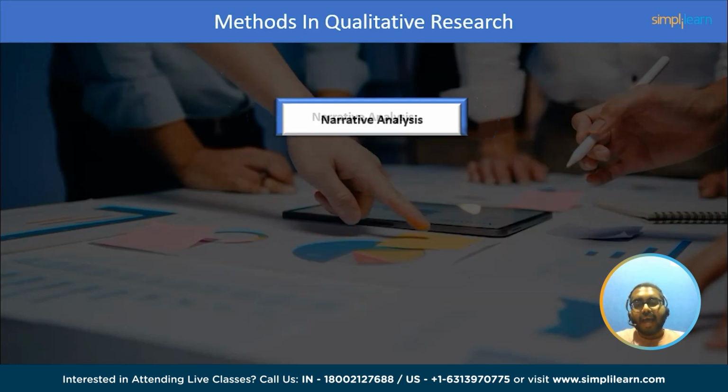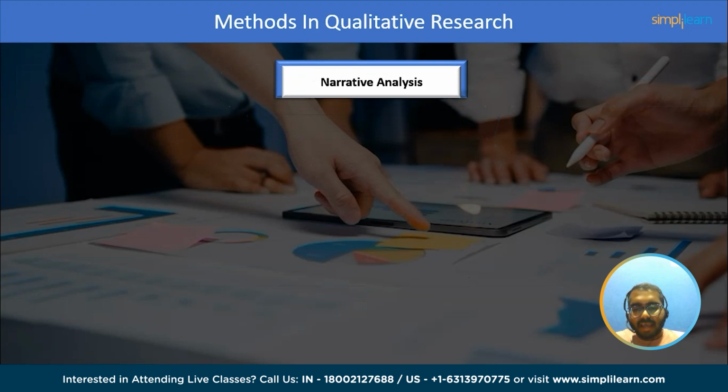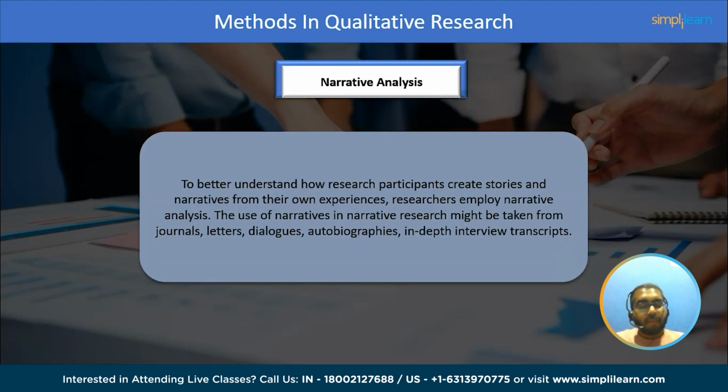So, let us now move ahead and discuss what narrative analysis is. Narrative is omnipresent. It is everywhere, but it depends on researchers on how to use the narrative to their advantage. Now, researchers employ narrative analysis to better understand how research participants create stories and narratives from their experiences. Hence, narrative analysis involves a second layer of interpretation.